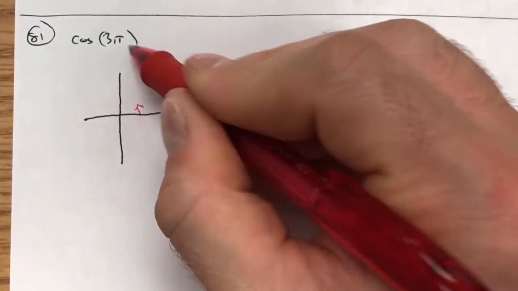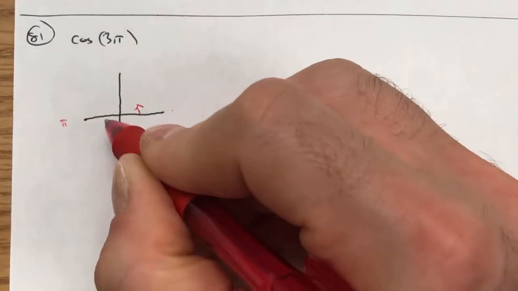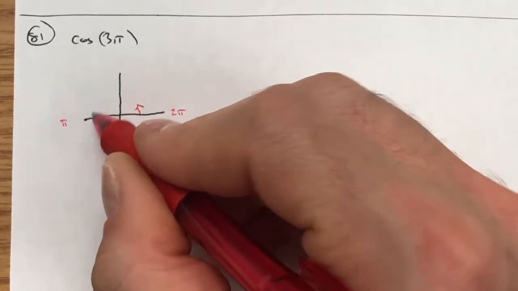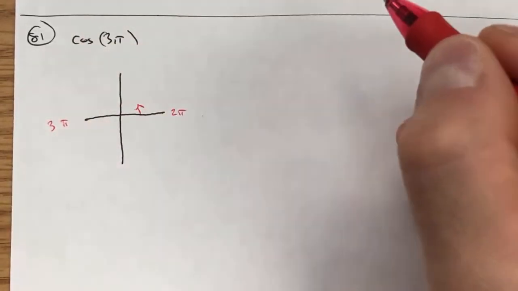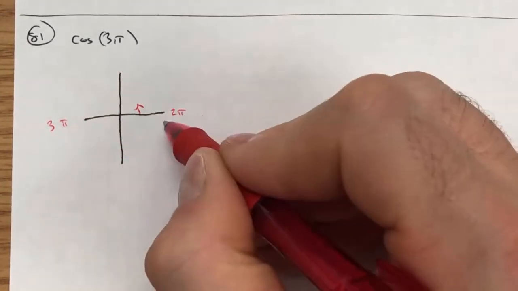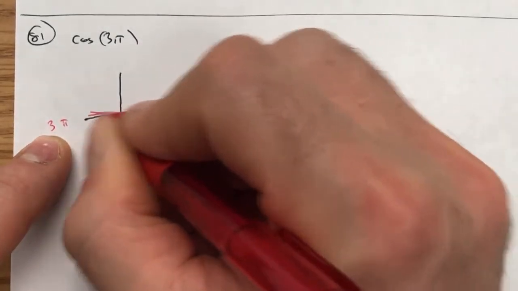So I'm heading anti-clockwise right here, 3 pi. So I know I get pi, and then as I come around, 2 pi, and then I keep going on the circle until I hit this again, which makes that 3 pi. So 1, 2, 3, 4, 5, 6, 7. I just keep counting my way up. So I'm all the way over here.